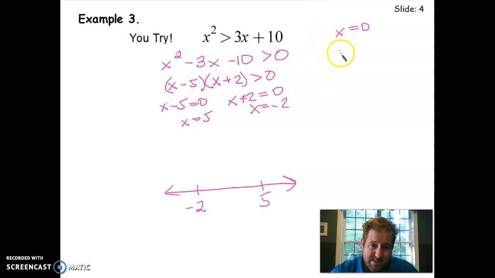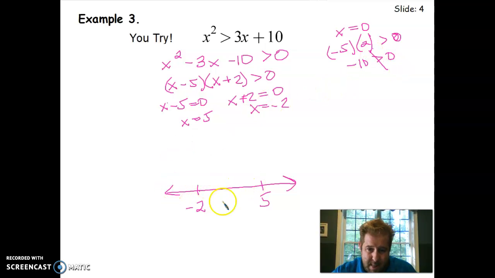So 0 minus 5 is negative 5. And if I multiply that by 0 plus 2, which is 2, is that going to be greater than 0? So negative 5 times 2 is negative 10. Negative 10 is not greater than 0. So that's not true. That proves to me that nothing in the middle is a solution.